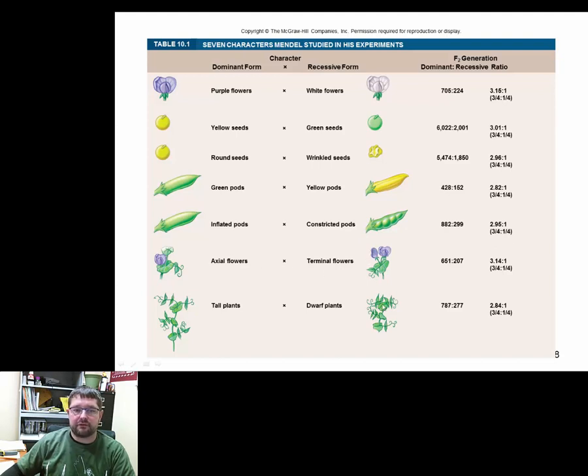Axial flowers, terminal flowers, tall plants, dwarf plants. Okay, so these are the ratios, but look at those ratios. They're almost identical all the way: 2.8, 3.1, 2.9, 2.8, 2.9, 3.0, 3.1. They're almost all 3 to 1 ratios. Mathematically, Mendel was onto something.